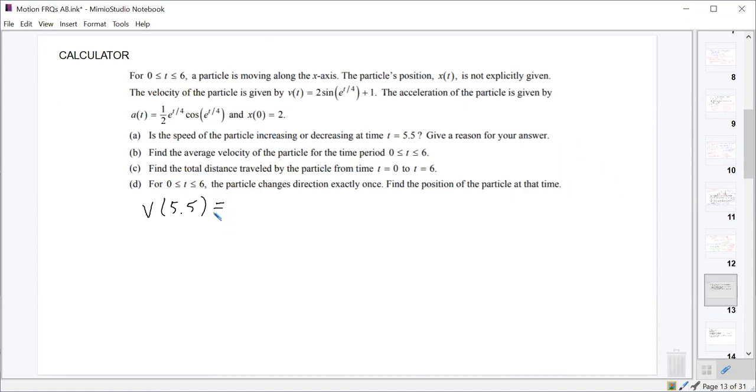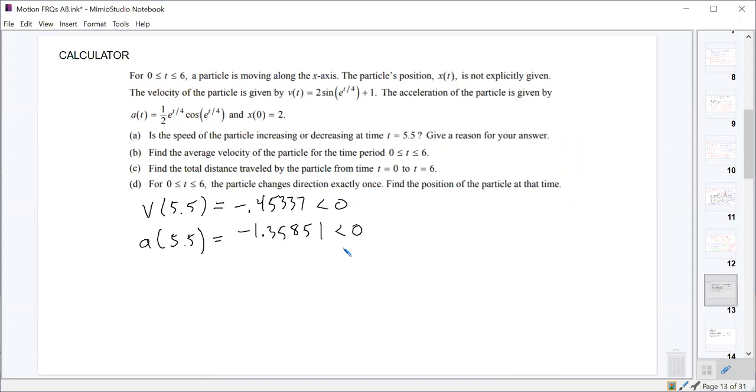V of 5.5 is negative 0.455337, if I can read this thing correctly, which is less than 0. Acceleration at 5.5, just plug 5.5 into this. And that one comes out to be negative 1.35851, which is less than 0.